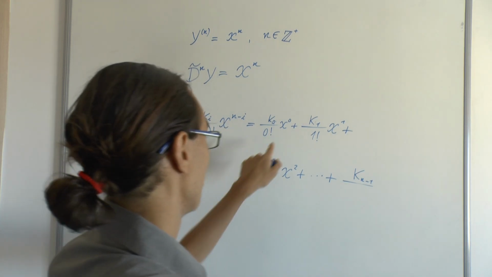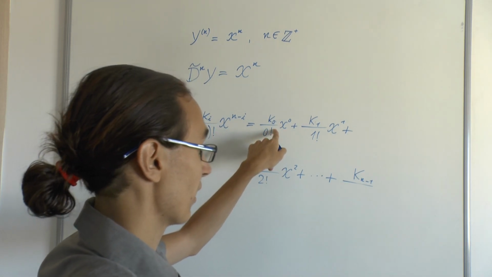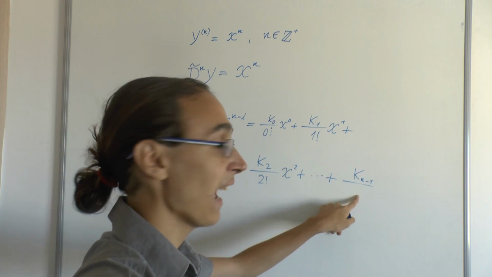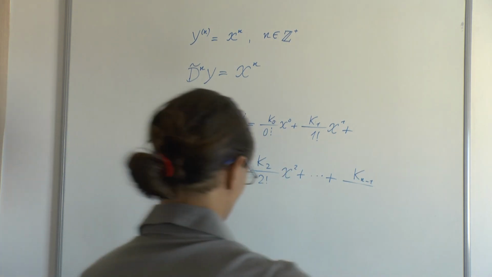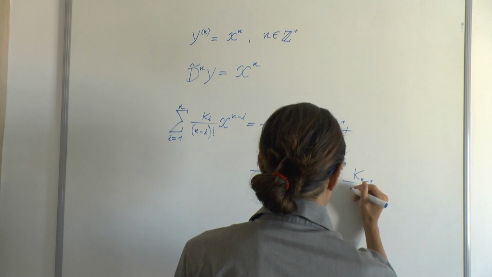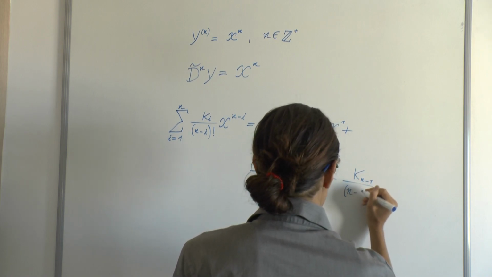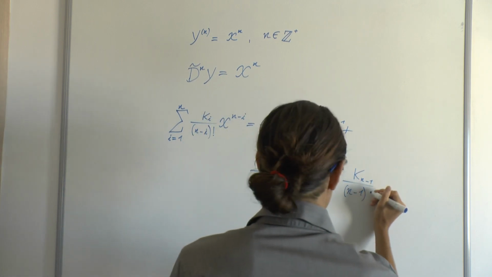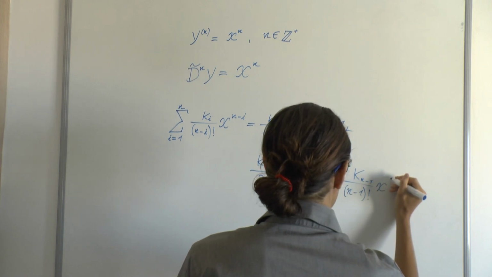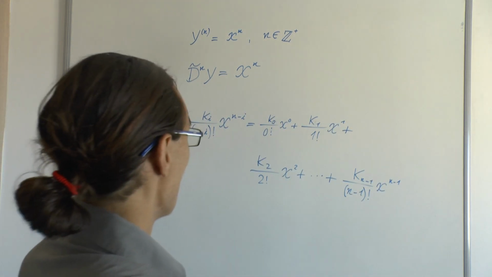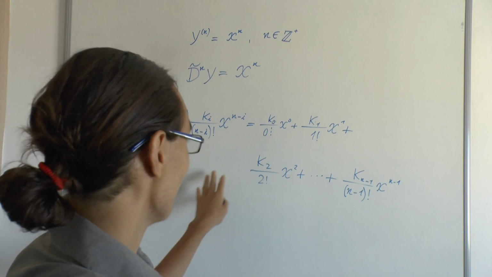Because before we started with k1, but now that we start with k0, we're not going to end with k_n but k_(n minus 1). You can verify that yourself. Which is exactly the same as this then.